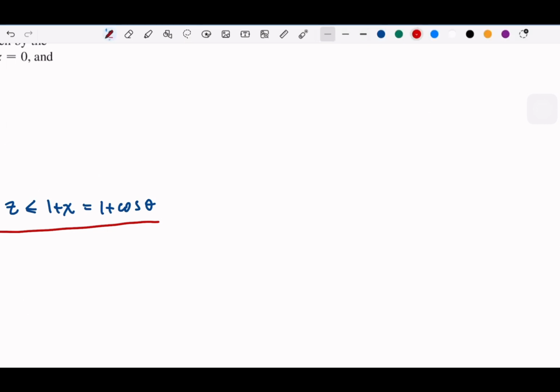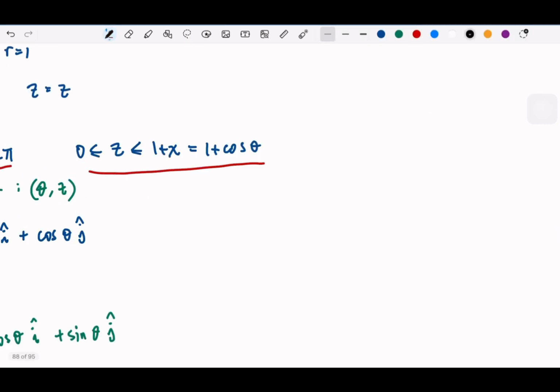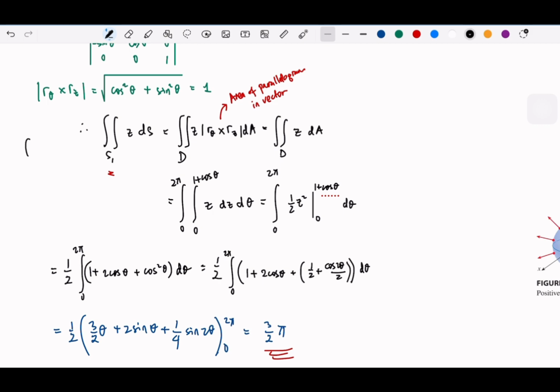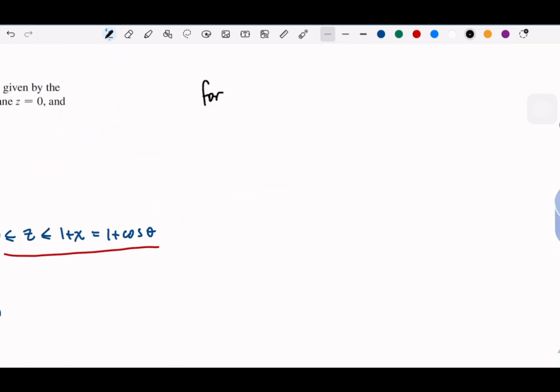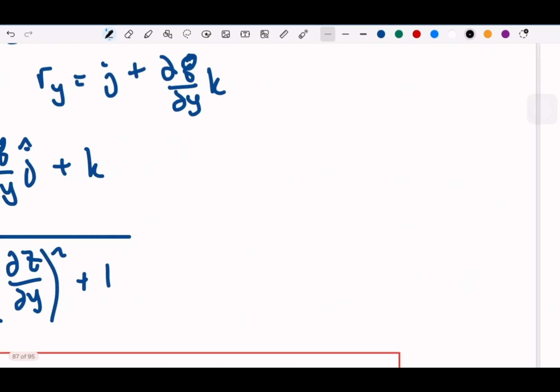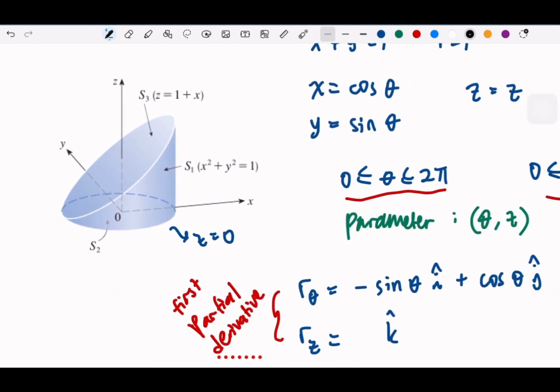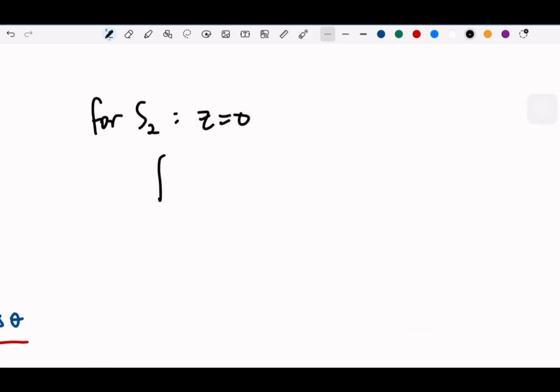Let me write here for S2. This is for S1. And for S2, because S2 is on z equals 0, the surface integral on S2 of z dS, because z is equal to 0, will be 0, because this will be equal to 0.